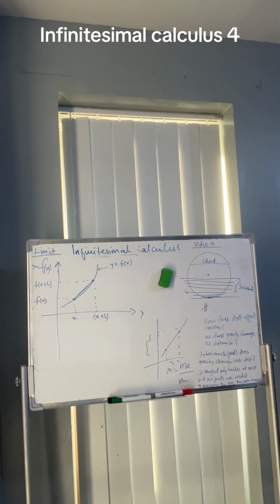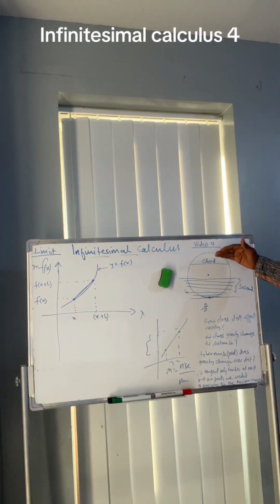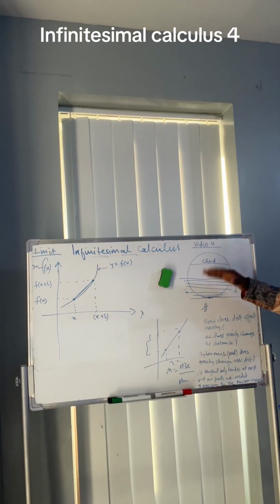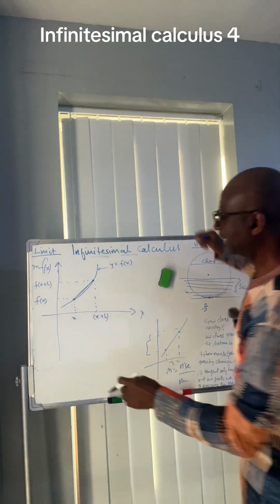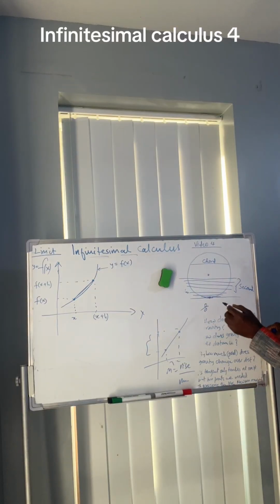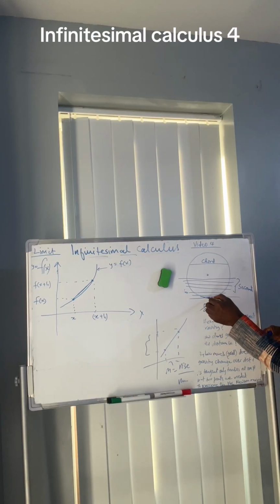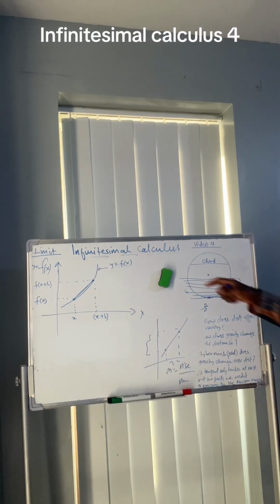We are looking at the diagram you see here. We are not looking for the gradient of a tangent, which touches the curve at only one point.